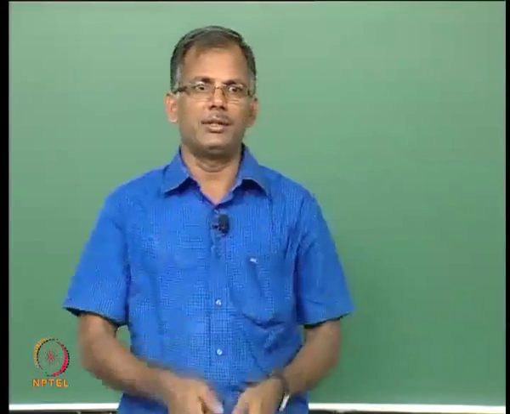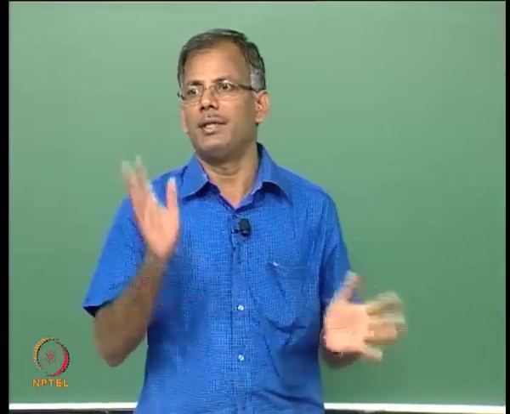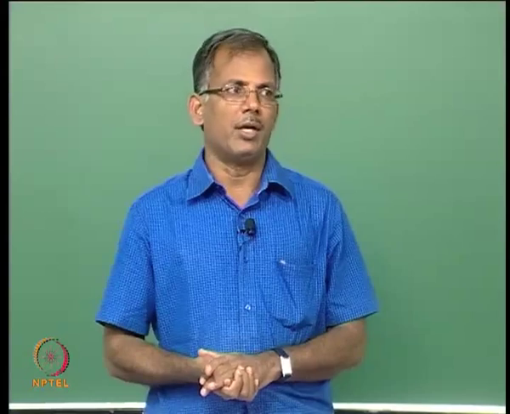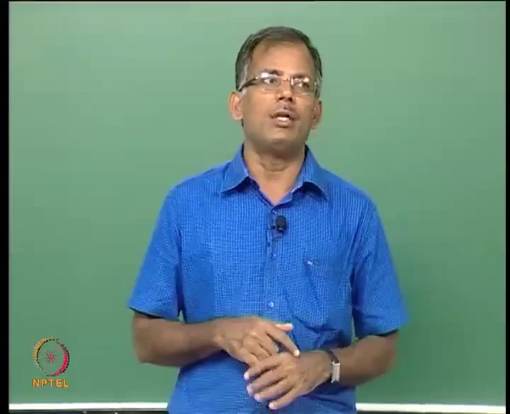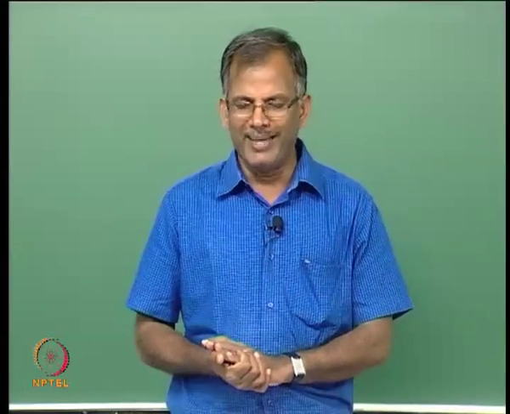If it is just a vertical structure, it is very simple, but if you have a 3-dimensional brace or column, then global forces can be computed. So, the reason why this flow chart is given is to make sure that you do not miss any one of them, because it involves several sub-activities.